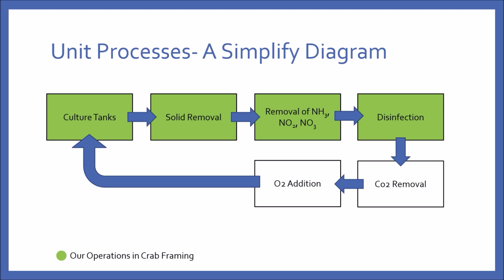The third part is removal of ammonia, NO2 and NO3 using the biofiltration process, followed by disinfection. Since crabs can tolerate high CO2 and low oxygen levels, the water after disinfection is recirculated back to the culture tanks and recycled.